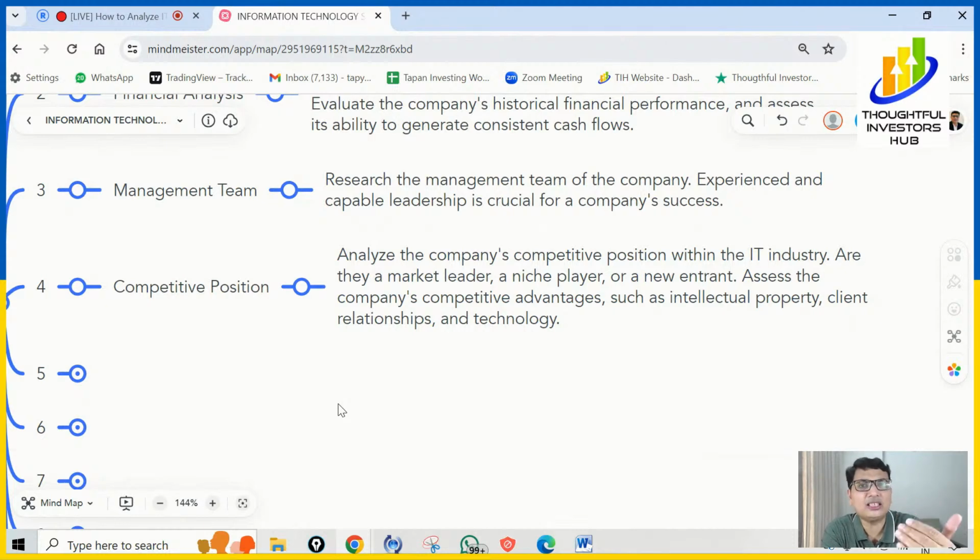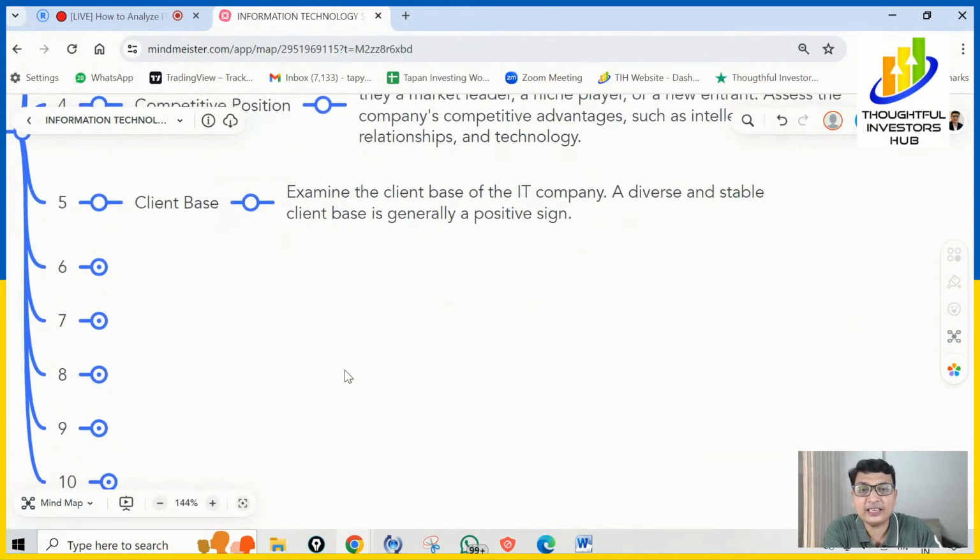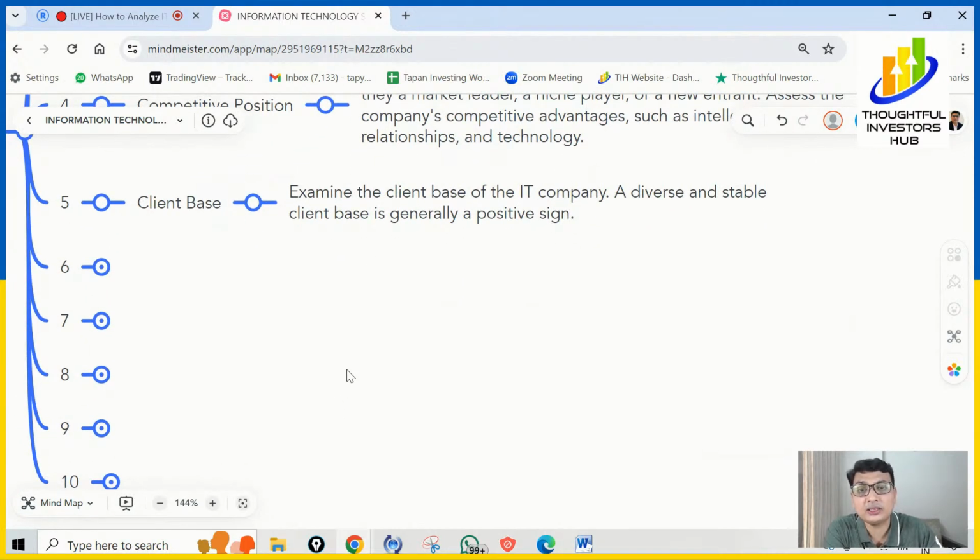I'm going through this theory part first, then we'll talk about the ratios. Client base. Examine the client base of the IT company. A diverse and stable client base is generally a positive sign. Wherever they are working, is a stable and diverse client base there or not? That is what we have to see.